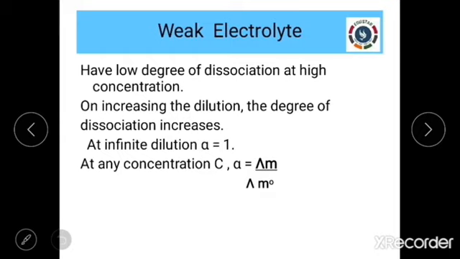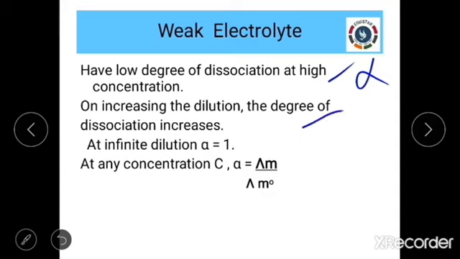Remember, for a weak electrolyte at a high concentration, the degree of dissociation, alpha, will be small. While we increase the dilution, that is, the volume is considerably increased, the degree of dissociation gets increased.